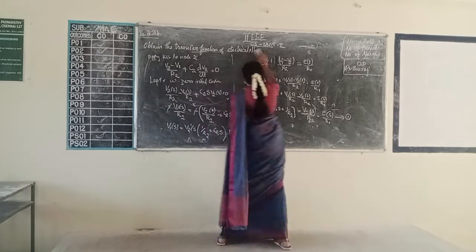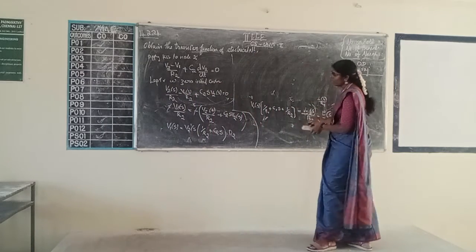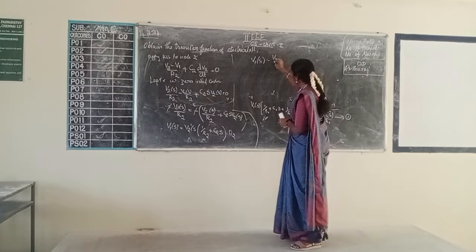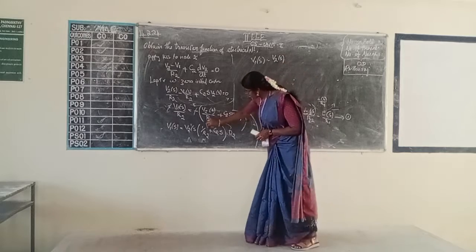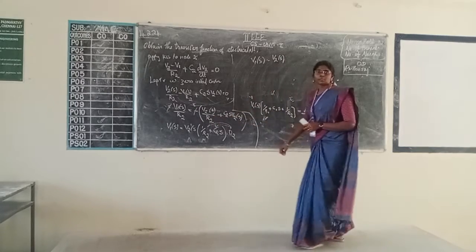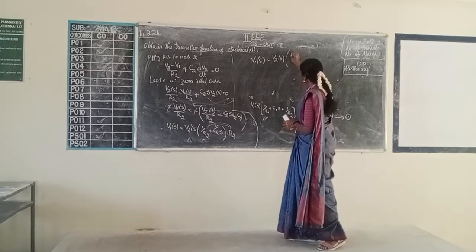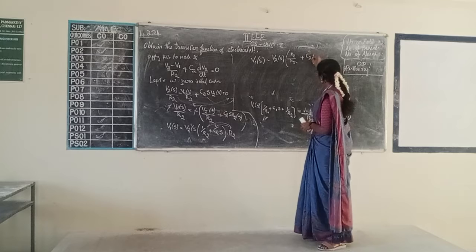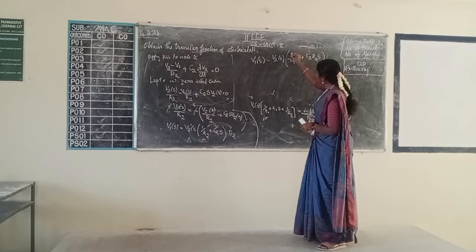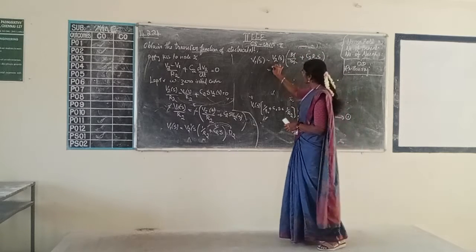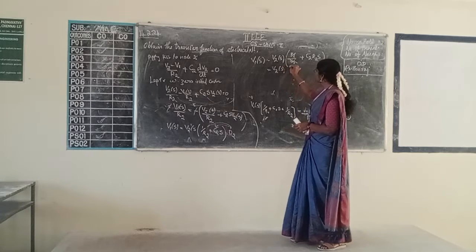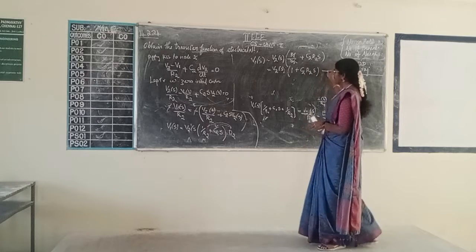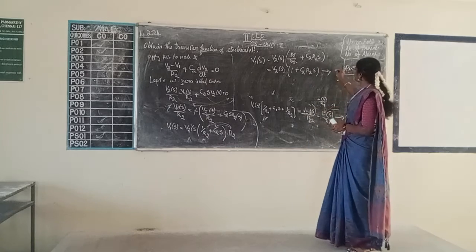So the next step, V1 of s is equal to V2 of s into, should I multiply this R2 over to the term inside? So that is R2 by R2, which becomes 1, plus C2 R2. Here both will get cancelled. So what is the V1 of s then? V2 of s into 1 plus C2 R2. Yes. So take this as equation number 3.